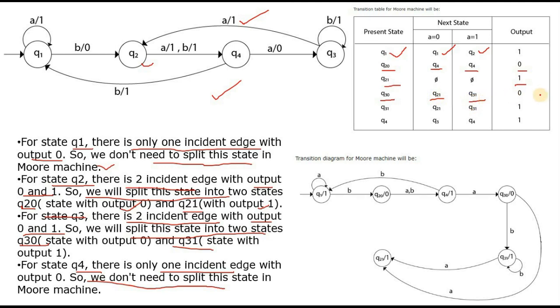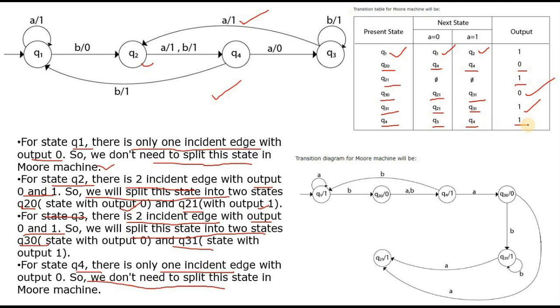And Q3 1, when there is a Q3 1, it will go to Q2 with A equal to 0, and Q3 1 with A equal to 1. So outputs are 1. When Q4 goes to Q3 and Q4 as well, with 1.